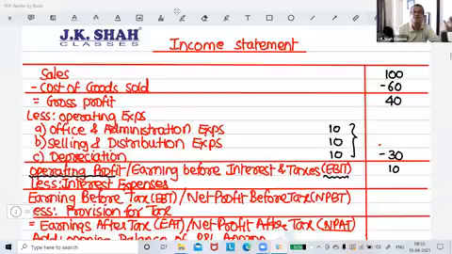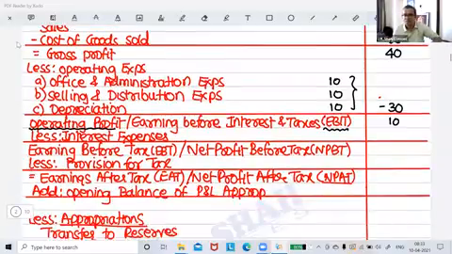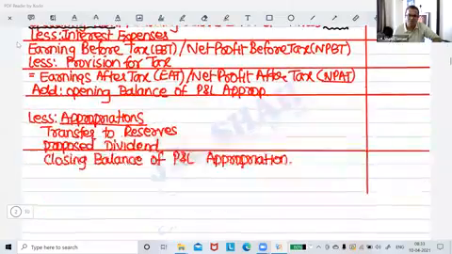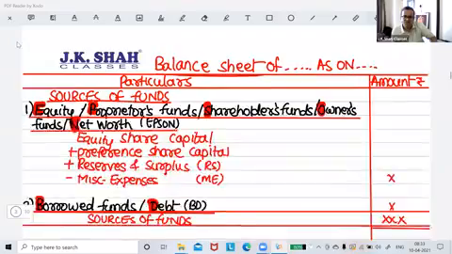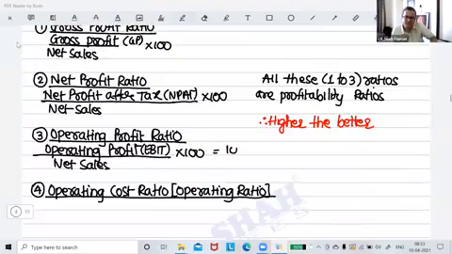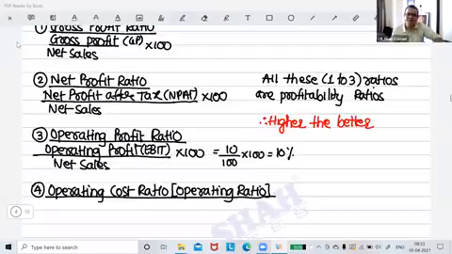So how much percent? 10%, correct? So going with this ratio, my operating profit is 10 rupees and my net sales is 100 rupees, so this is 10%.